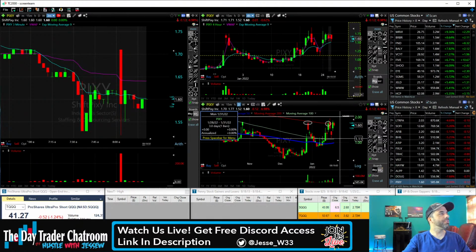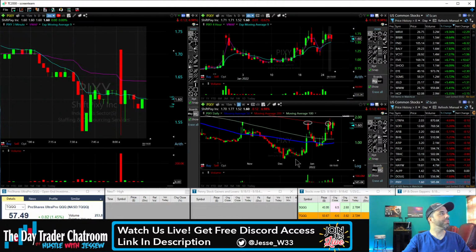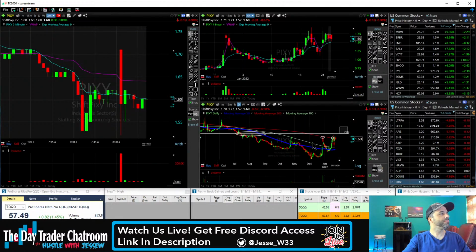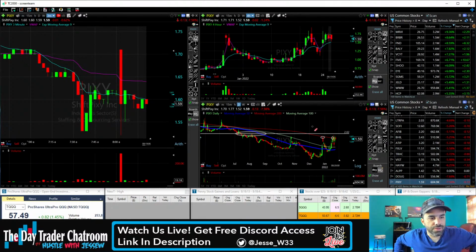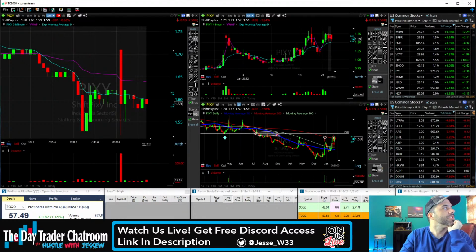Because it did come all the way down here to $1.10, and now we're all the way back up here in the $1.60 zone. But that $2 zone has been showing up as tough resistance on this stock for a little while. There's previous resistance there and the previous support back here.